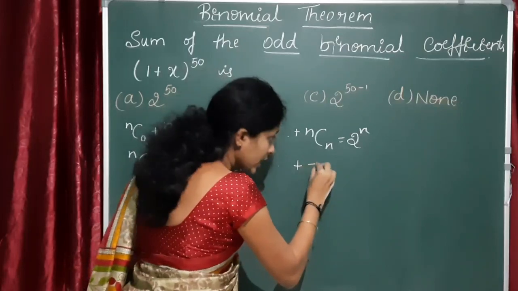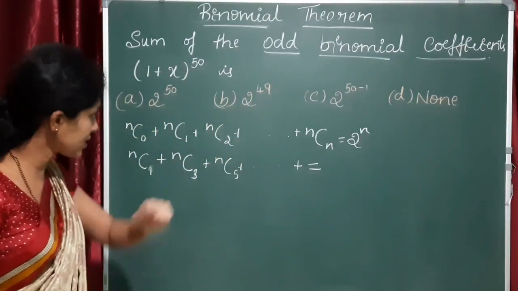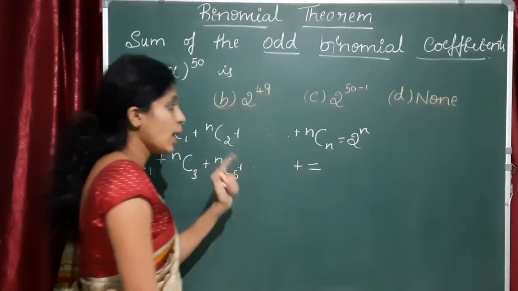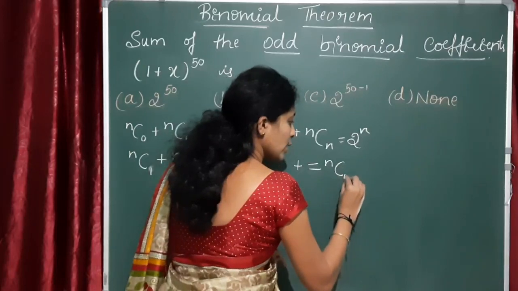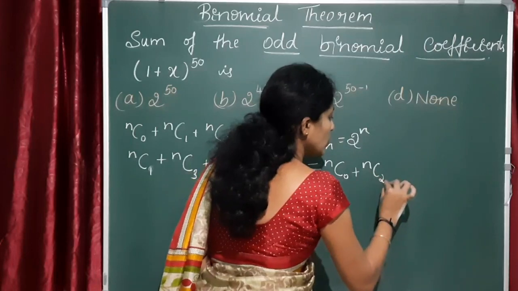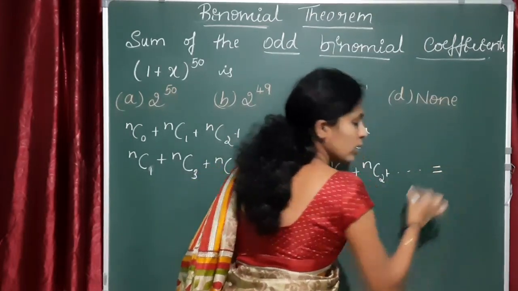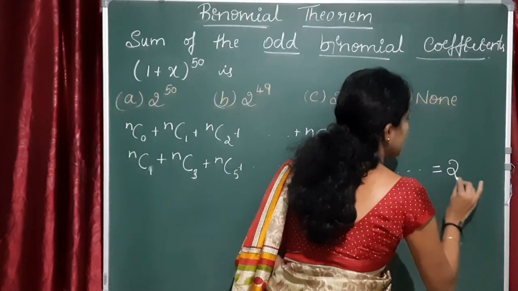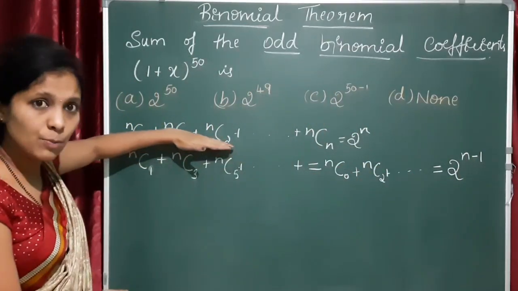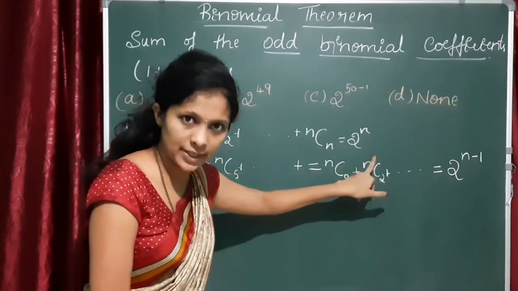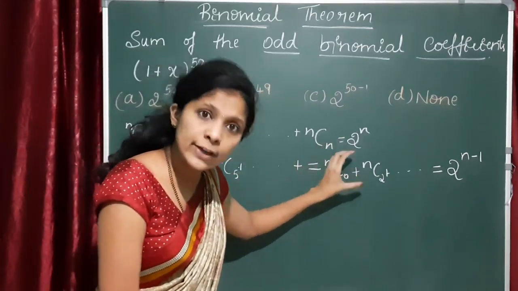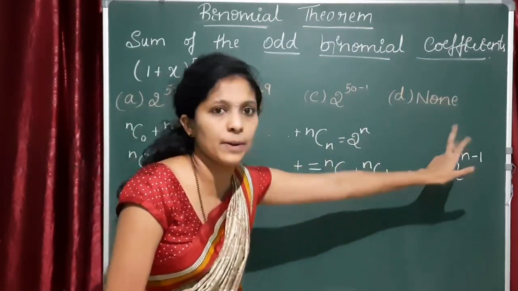Remember, if you have not studied, just remember this: nC1 plus nC3 plus nC5 and so on will always be equal to the sum of the even coefficients, nC0 plus nC2 plus so on. This will always be equal to 2 to the power n minus 1. See the difference here? The sum of the coefficients is 2 to the power n. The sum of the odd coefficients equals the sum of the even coefficients. Both are equal to 2 to the power n minus 1.